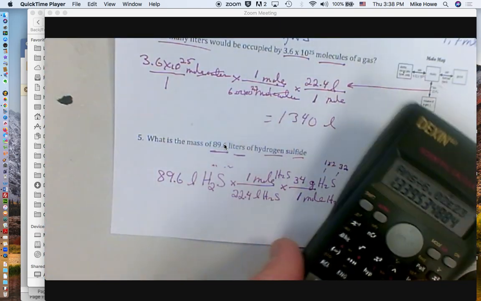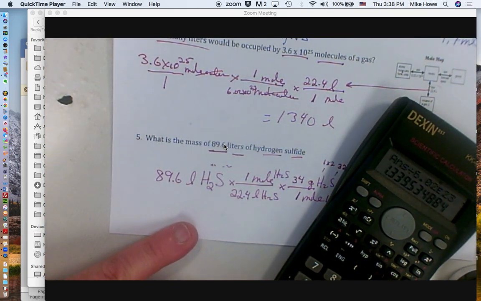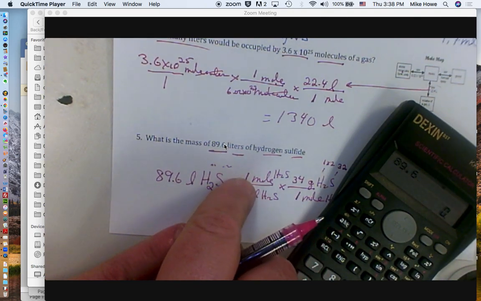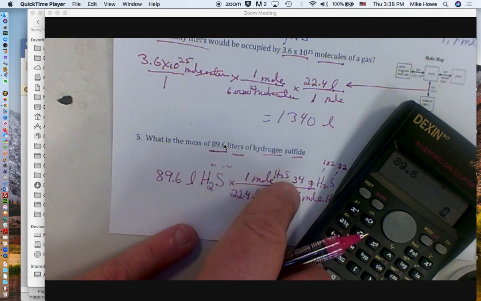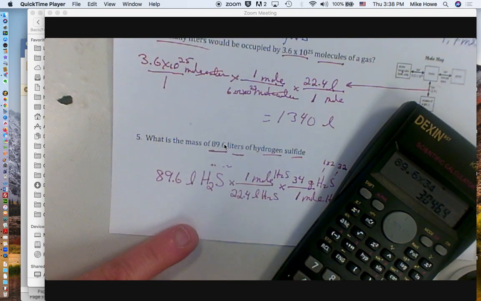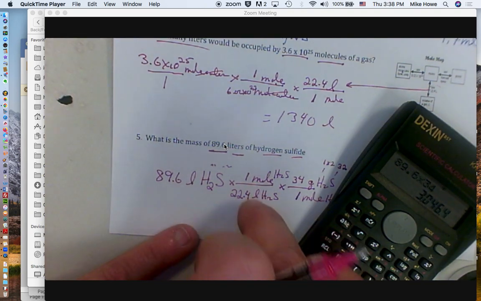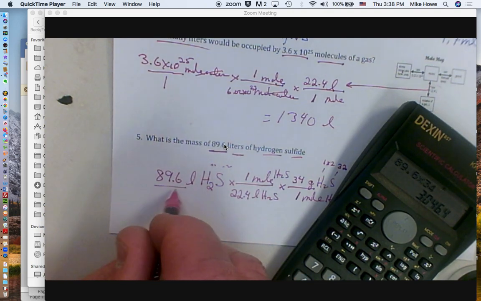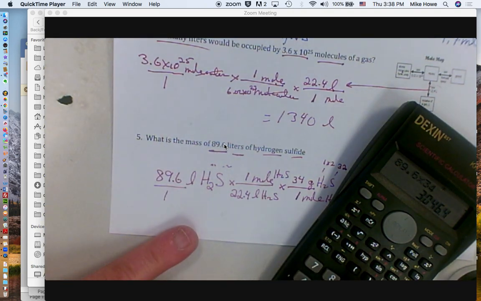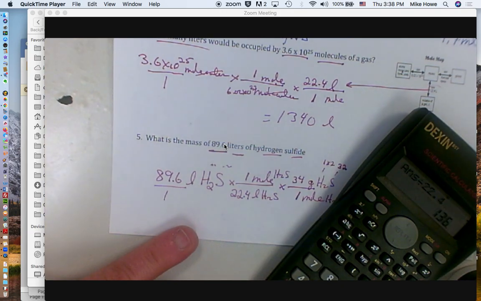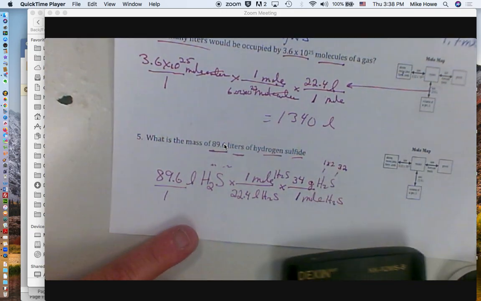So they have 89.6, multiplied by 1, which I'm just going to skip, multiplied by 34. Then that answer will be divided by everything that's on the bottom. The only number that's not 1 that's on the bottom is 22.4. Remember, that is an imaginary one, or an invisible one. So divided by 22.4. Final answer, 136 grams.